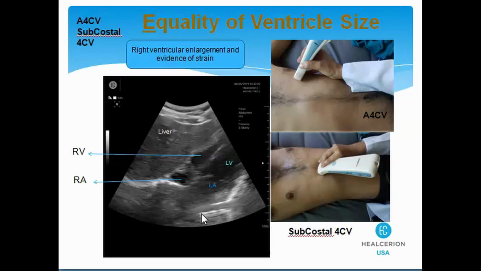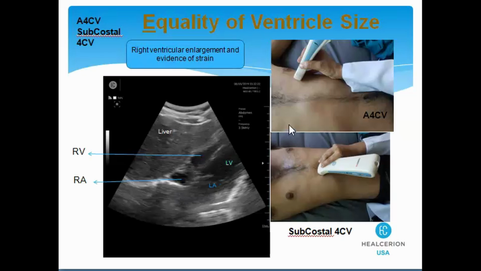So for the apical four-chamber view, you put your probe in a transverse plane with your indicator pointing towards the patient right, and keep it just inferior and medial to the left nipple, and adjust your probe so that you can see the four chambers of the heart.